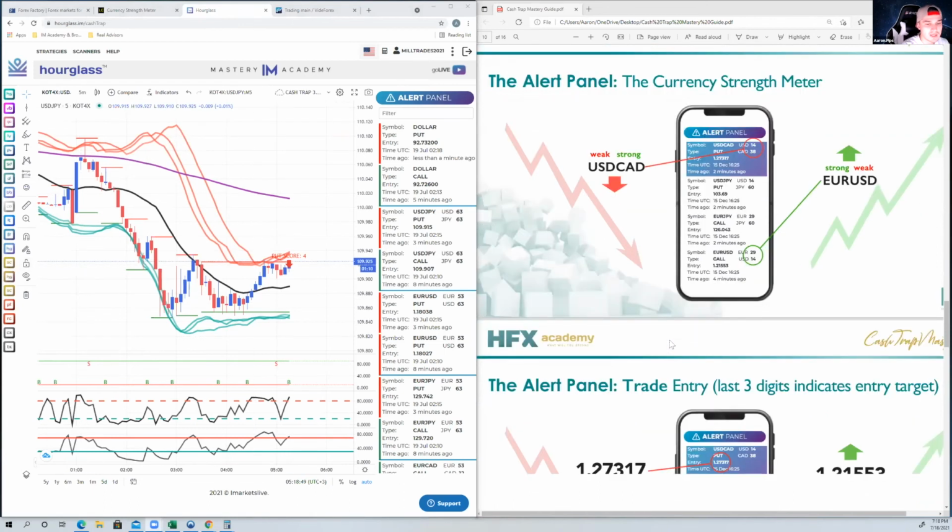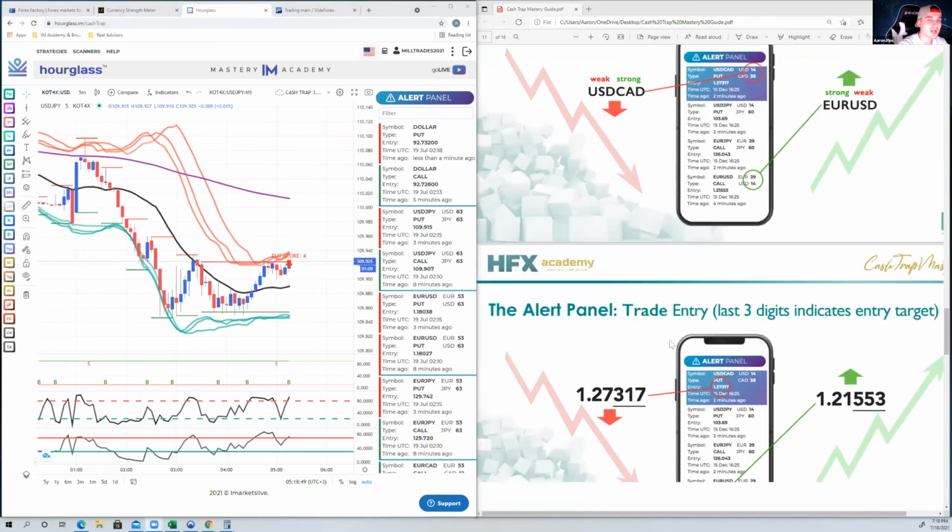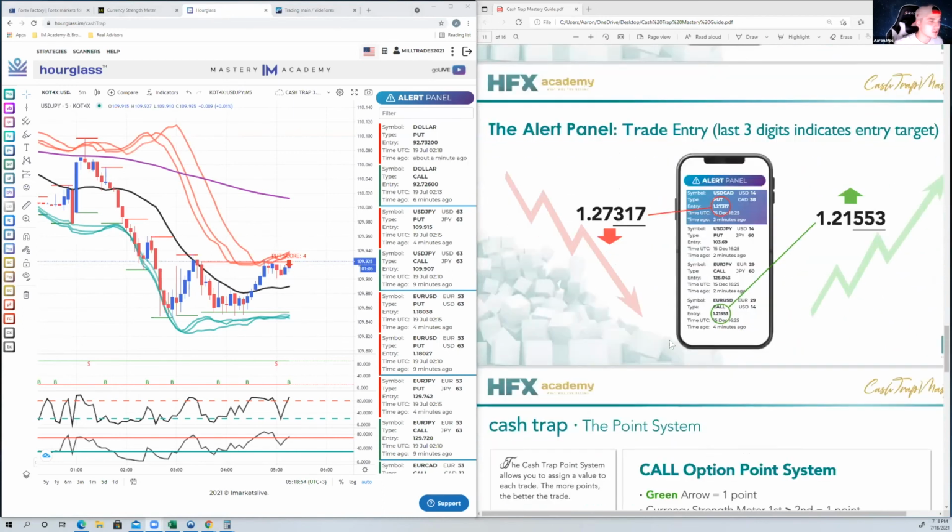Now, the alert panel gives us trade entries. We only have to look at the last 3 digits. For example, the last 3 digits for USD CAD, it's giving us an entry. Cash App is saying to enter at 317. Anyone brand new in the Zoom call, this is how the training is going to go within the next week.